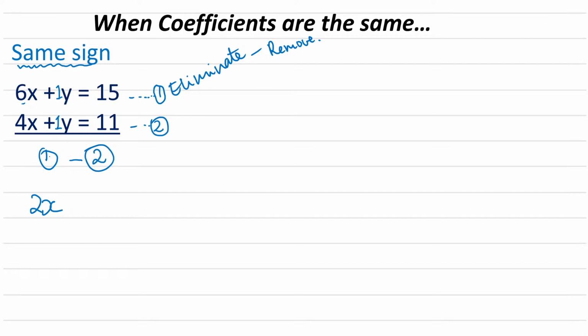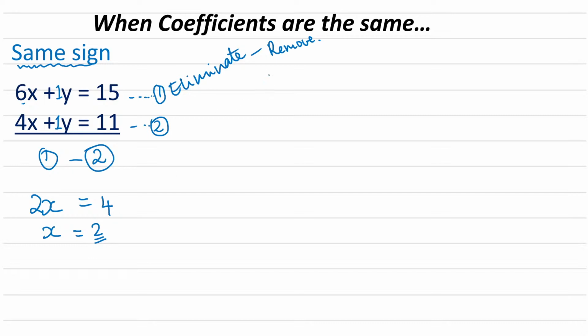That is 0, it's gone. So I have removed it. I have eliminated it. Then I have my equal sign. 15 take away 11, that's just 4. And now to get the x, I need to divide by 2 both sides. So x is equal to 2. Okay? And now you have got what x is, you can go ahead and find the y.